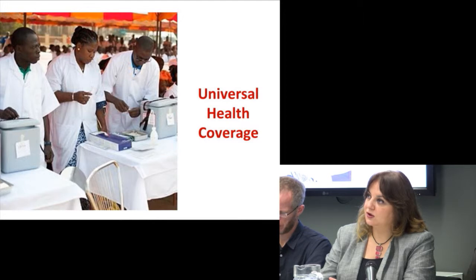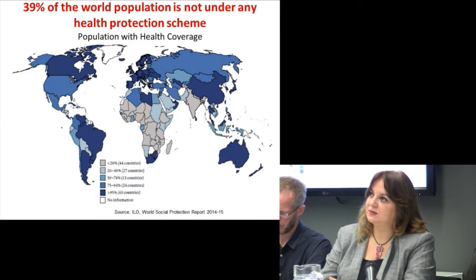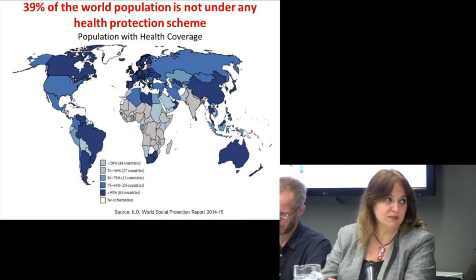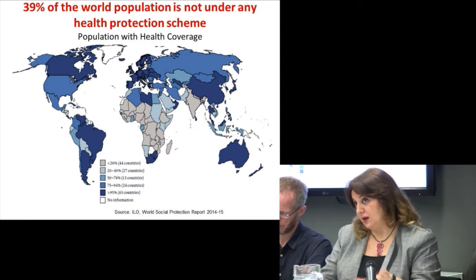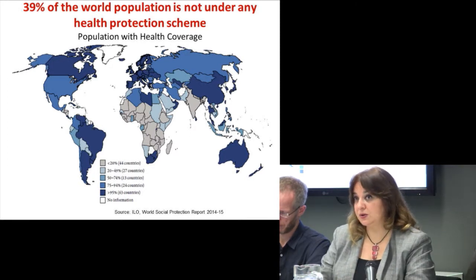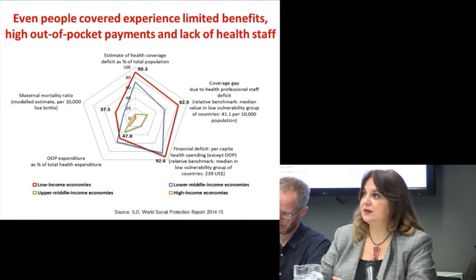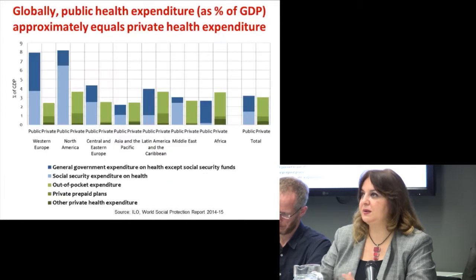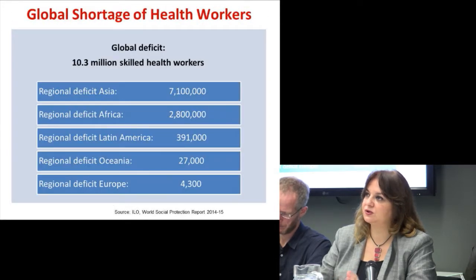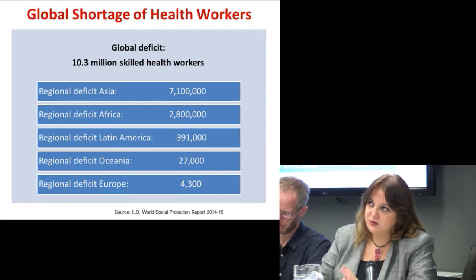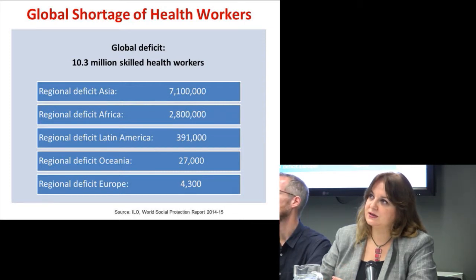On universal health coverage, and we have another full chapter, we have that still 39% of the world population is not under any health protection scheme, and the numbers are very large when we consider how important health matters are. And I don't need to talk about Ebola and others that are hitting the headlines. Here we will expand on many of the graphs, and unfortunately I have to go fast, but a very important topic we raise is the global shortage of health workers.